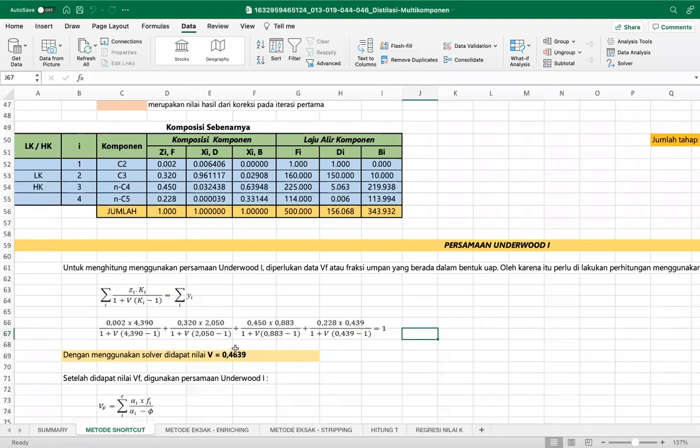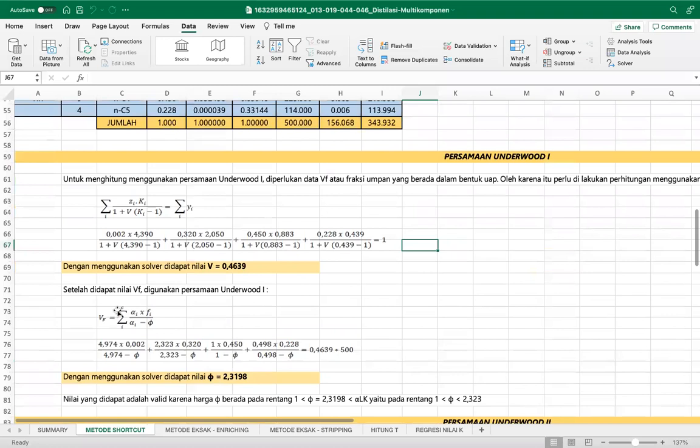Now once we know the vapor fraction, we can use the Underwood one. You know the sigma, also with the feed, and you know the alpha I and minus C that we want to get.